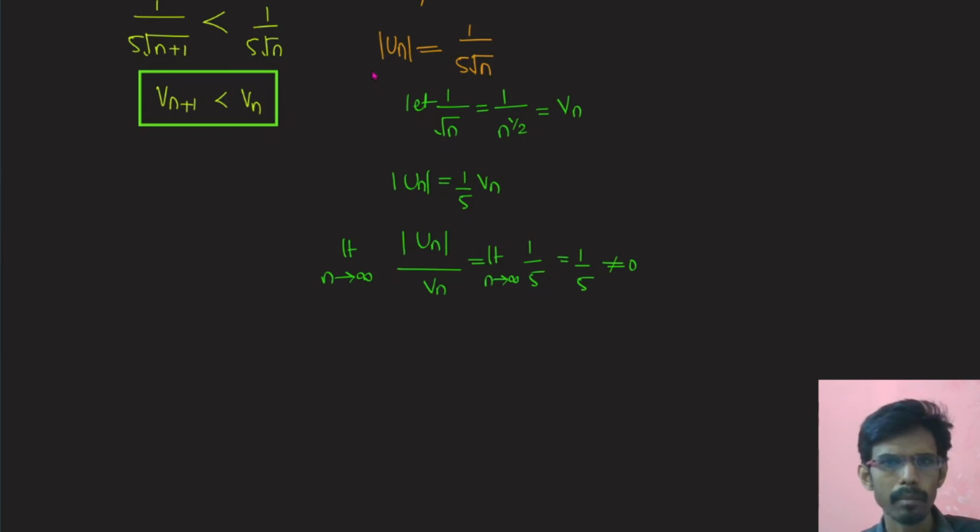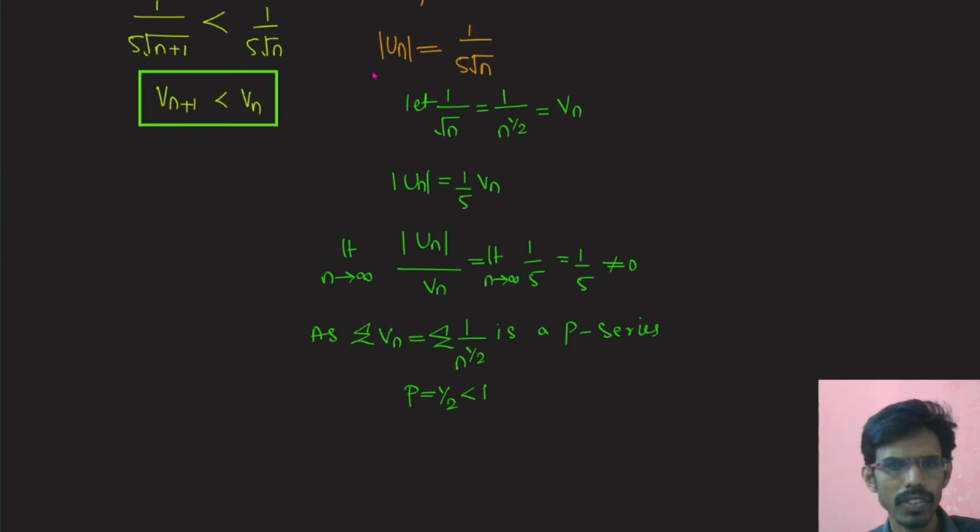So by comparison test, see here, sigma Vn is sigma 1 by n power of 1 by 2, which is a P series with P value 1 by 2, less than 1. When P is less than 1, sigma Vn is divergent.